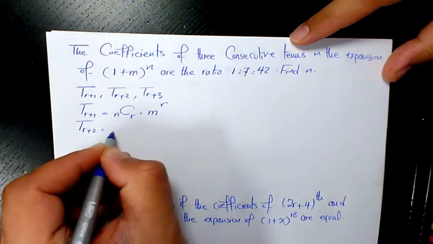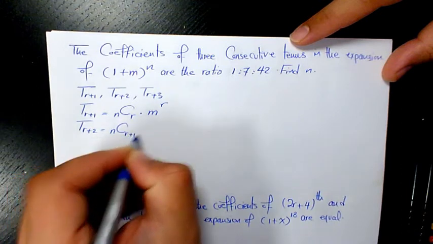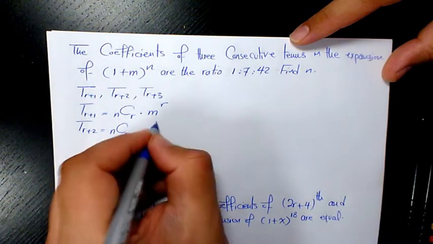T(r+2) is going to be nC(r+1), m to the power of r plus 1.